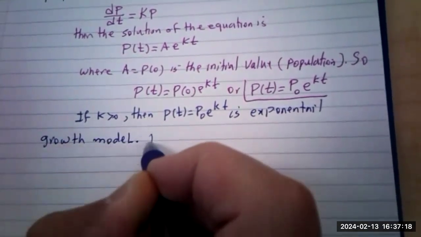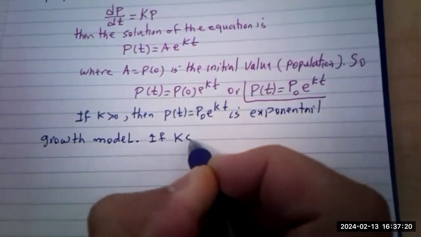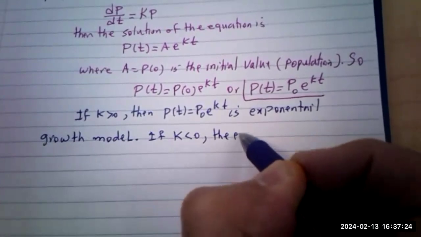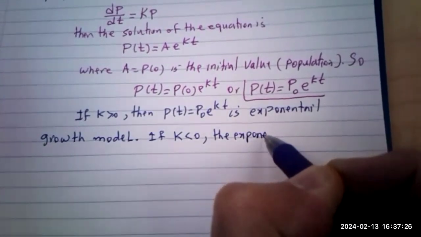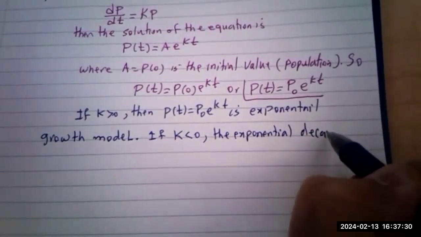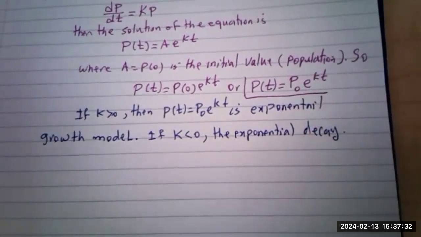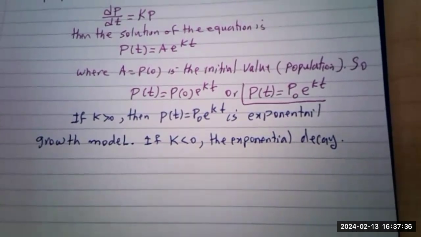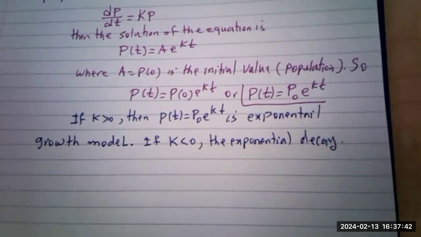If k is negative, you have exponential decay. So this is what we know, the easy method. Usually a percent per period is given. Now we want to extend this one. That's an easy equation, and we did it before.